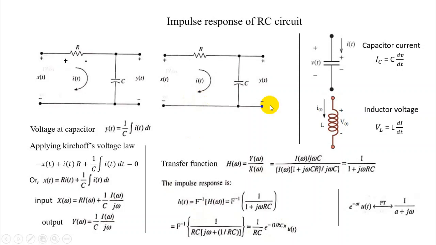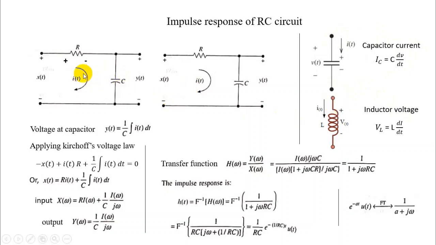In this type of question you will be asked to determine the impulse response of the system. The first step would be to recall the relation for the capacitor current and the inductor voltage. Fortunately this is only a simple first order RC circuit.